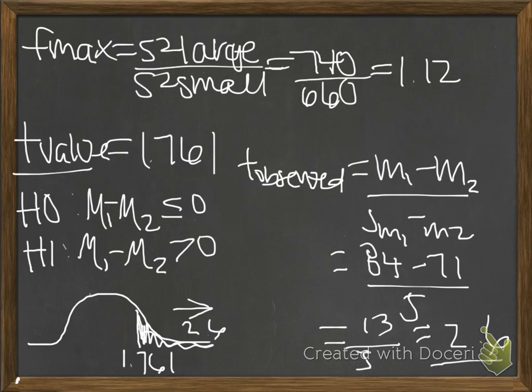If you want to go even further, you could write 2.6 is greater than 1.761, just to be consistent with our hypotheses here.